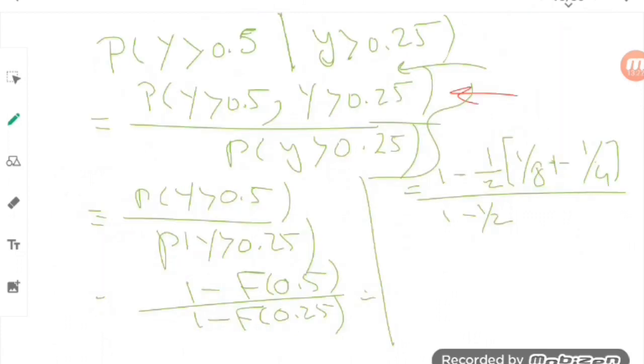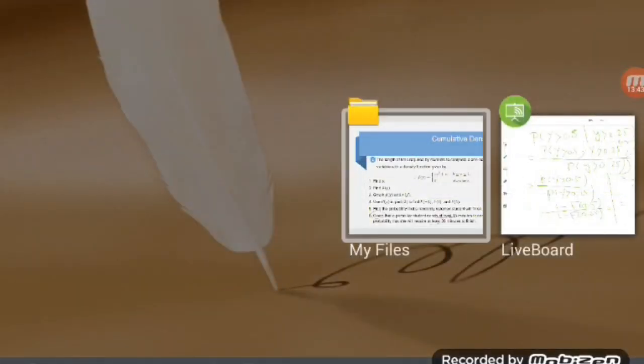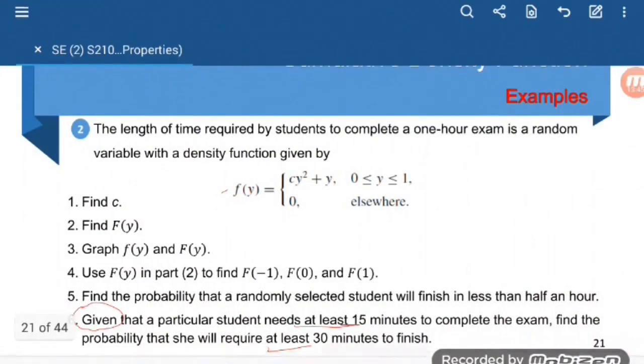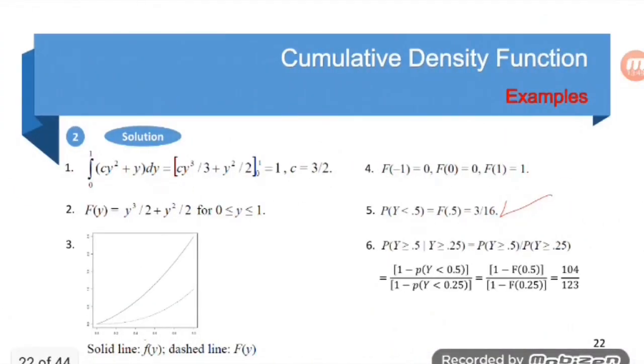Similarly here, this is 1/4, which is 1 divided by 16 times 4 minus 1 divided by 16. At the end I have the answer of this question. This is given here as 104 divided by 123.